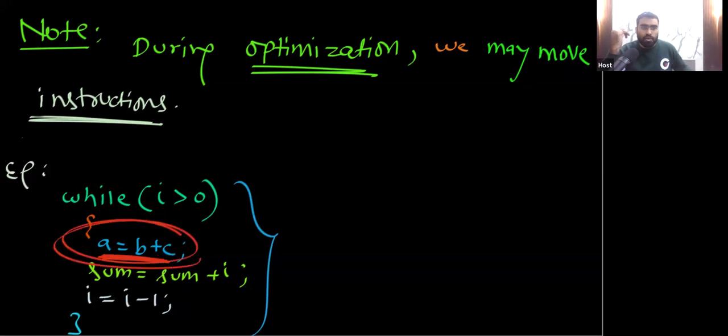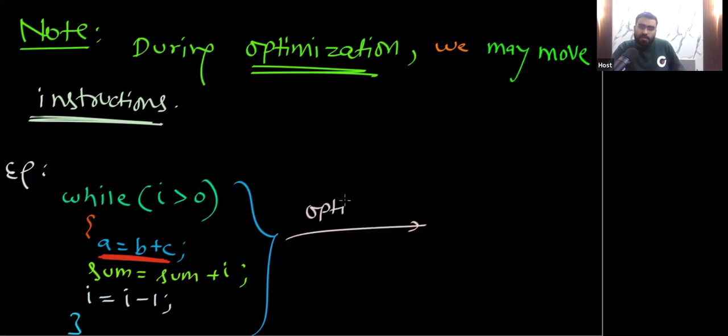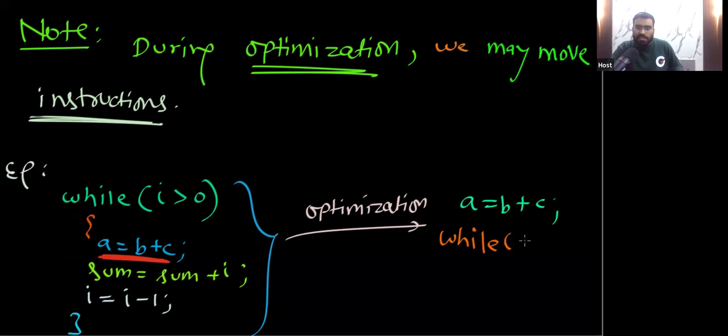This instruction will execute 10,000 times unnecessarily. So we can optimize. What can we do? Just put this instruction outside. Agree with me?